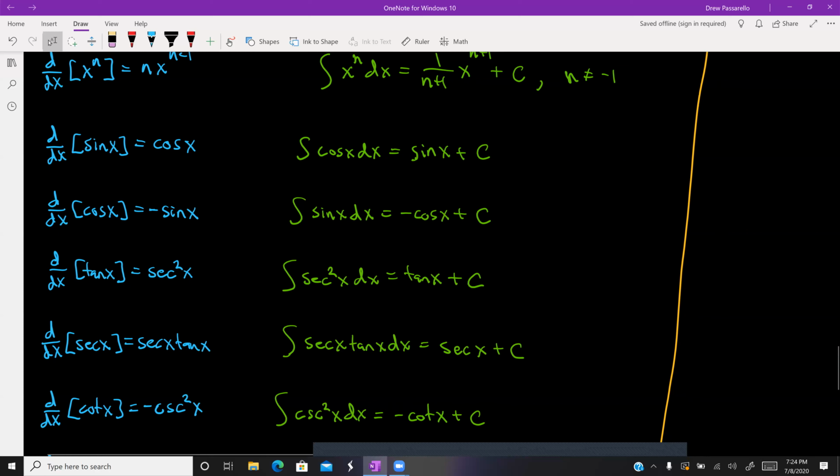Whereas when we take the derivative of sine, it's positive cosine. So the difference is you get positive cosine for the derivative of sine, whereas you get negative cosine for the antiderivative of sine, or the indefinite integral of sine.